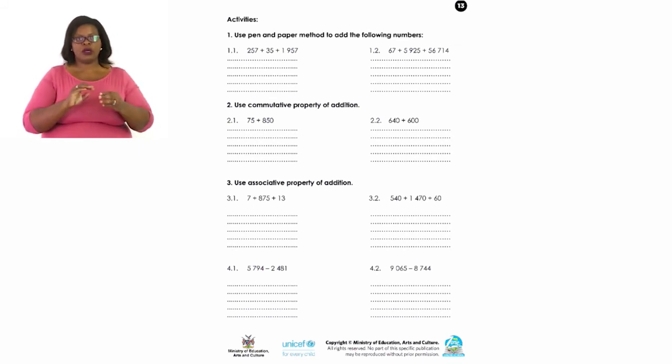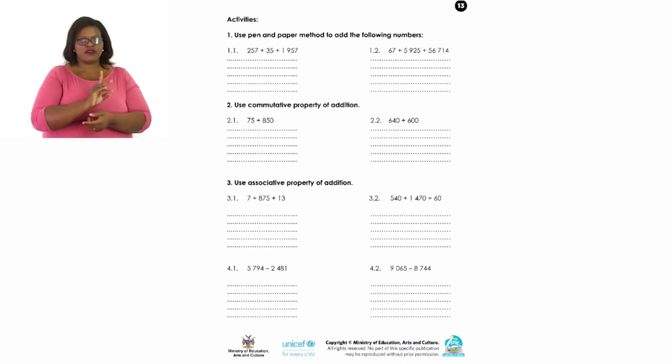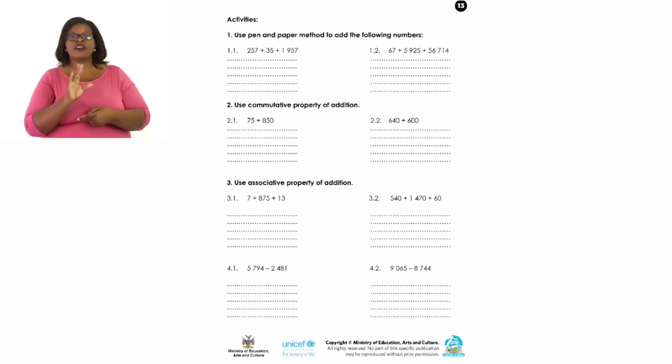Number 3, use the associative property of addition. 3.1, 7 plus 875 plus 13. 3.2, 540 plus 1,470 plus 60. Here we apply the associative property.